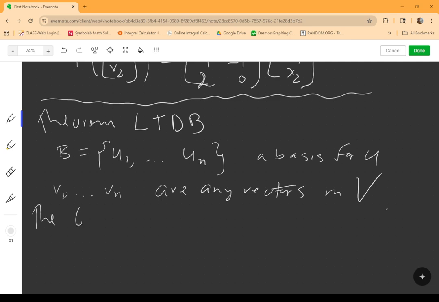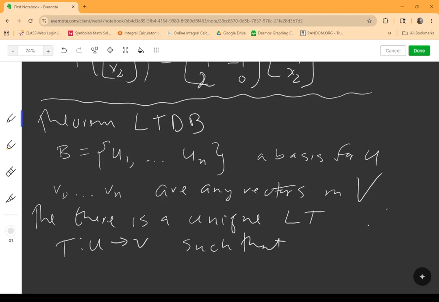Then there is a unique linear transformation T from U to V such that T of u sub i is equal to, sorry, let me stay consistent with my vector notation here, v sub i for each i.